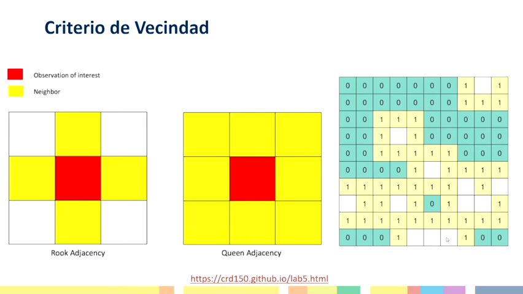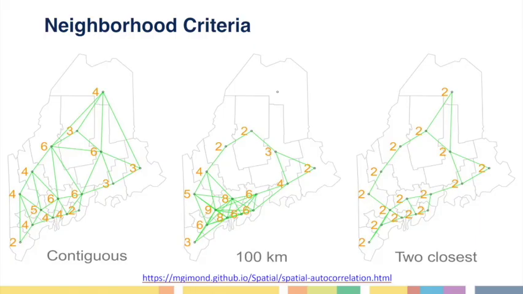But you can also have the queen criterion, where a vertex is being shared, and it's going to be considered as a neighbor, which is what's happening here. So the ones that are in yellow in this case are all neighbors of one of the squares that are white, and due to this queen criterion. This is important because in order to quantify the correlations in space, this is the assessment that's done within the value of interest and the value of the neighbors.